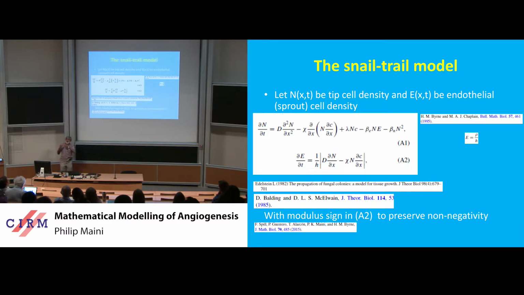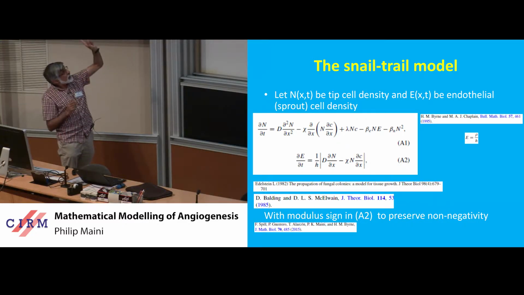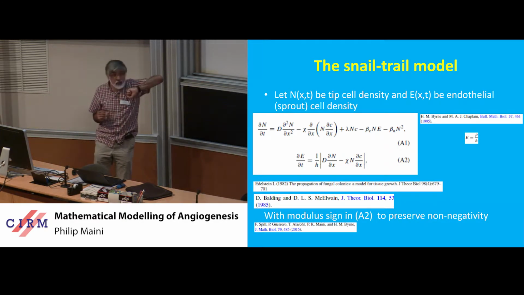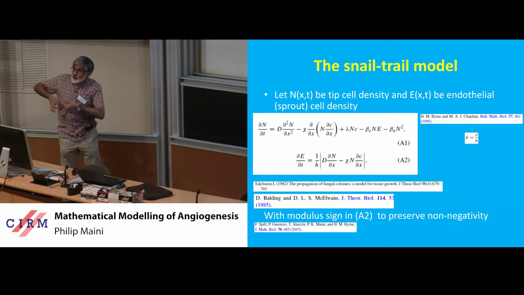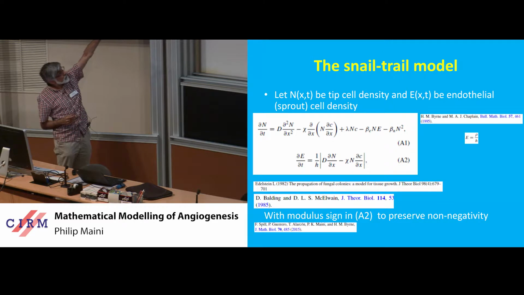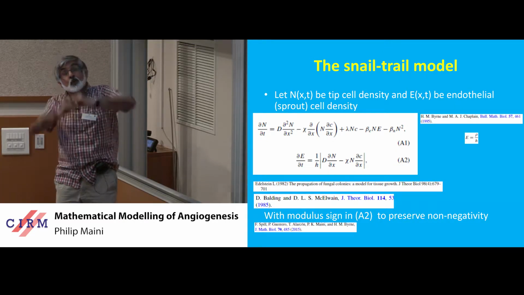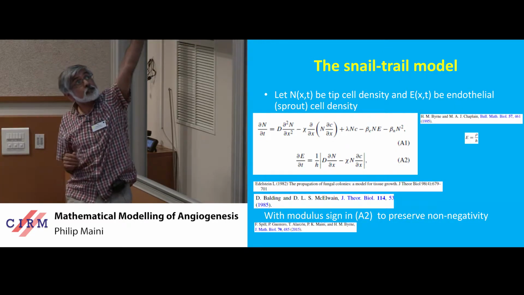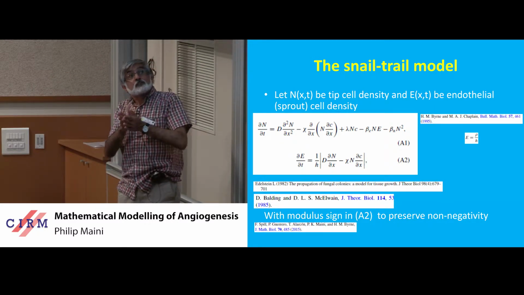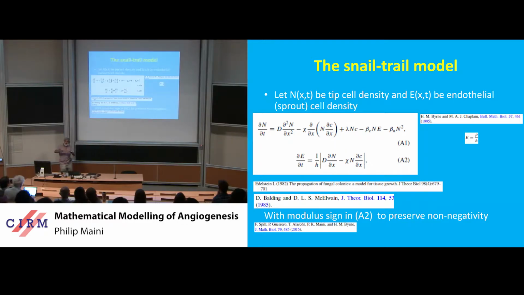And this is looking at 1 dimension, okay? So N is a tip cell density, and C is the growth factor, the chemical, and E are the stalk cells. So the first bit says diffusion, movement up the gradient of chemical, so that's the chemotaxis, and then more tip cells form as the VEGF density increases.